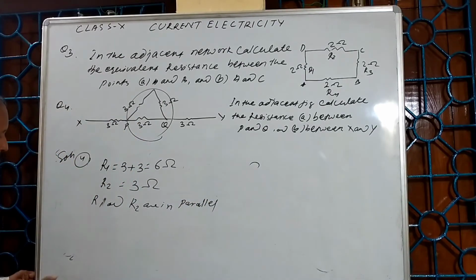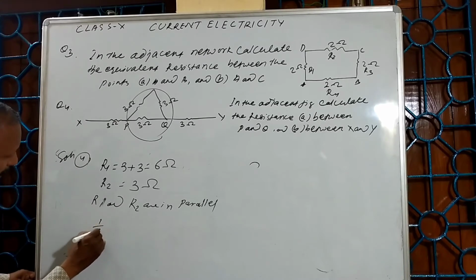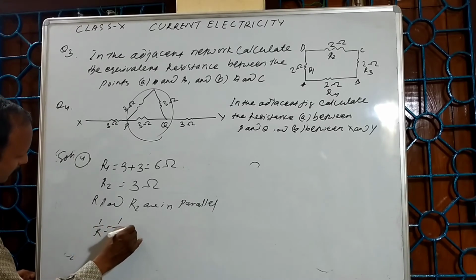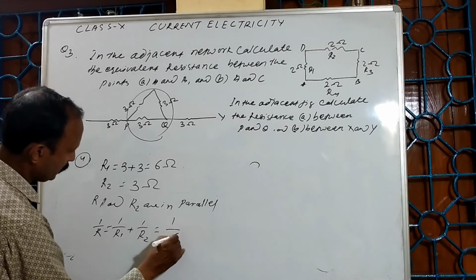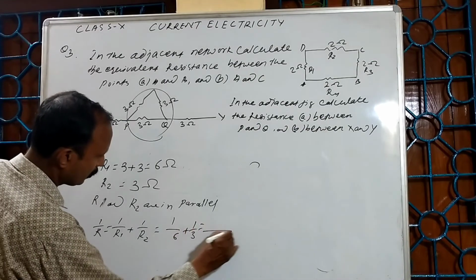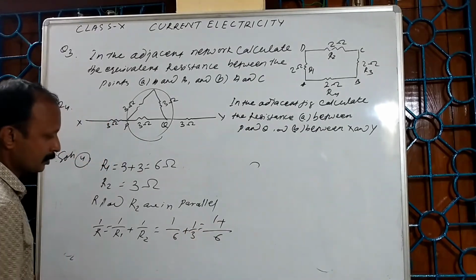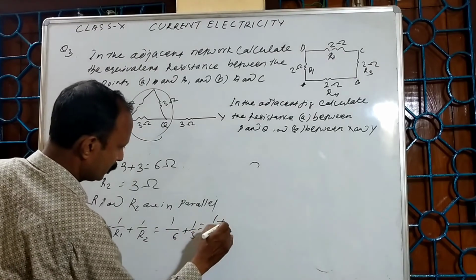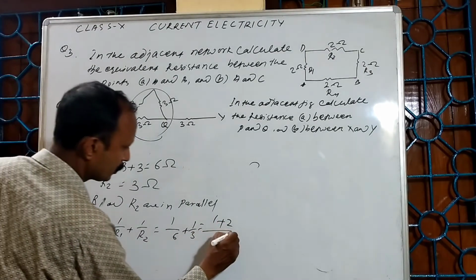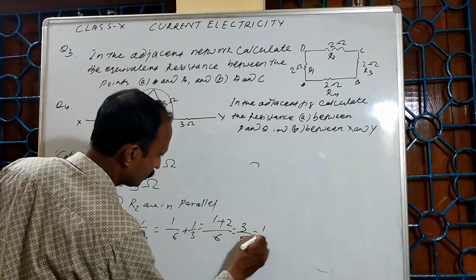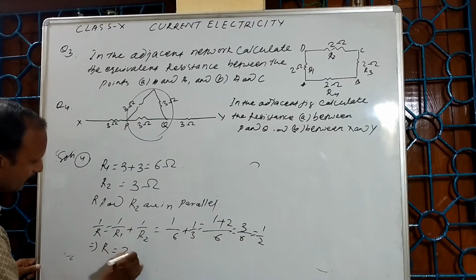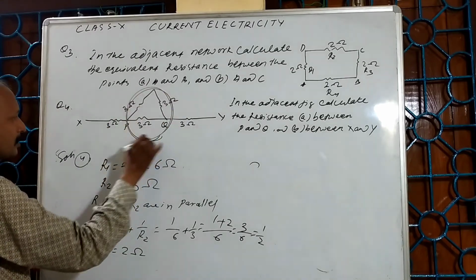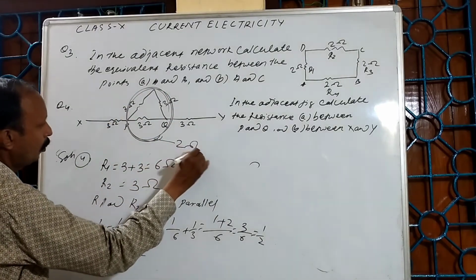So I can say that 1 upon R is equal to 1 upon R1 plus 1 upon R2 is equal to 1 by 6 plus 1 by 3, this is equal to 1 plus 2 is equal to 3 by 6, this is equal to 1 by 2, implies that this resistance is equal to 2 ohm. Now this total resistance is 2 ohm.